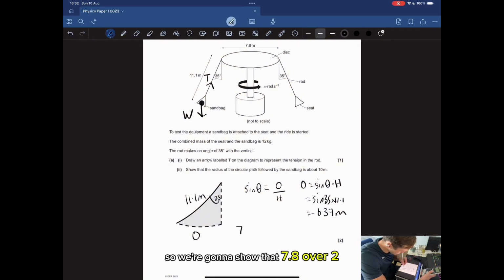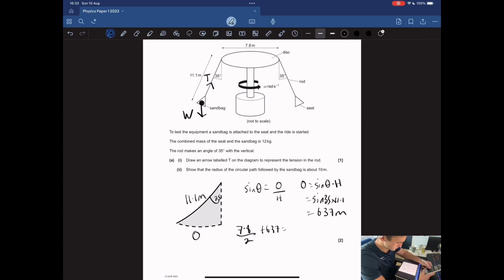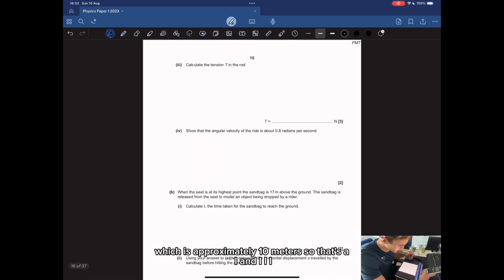So we're going to show that 7.8 over 2, which is the fairground radius, plus 6.37 is hopefully close to 10. Which is 10.27 meters, which is approximately 10 meters. So that's part I and II.